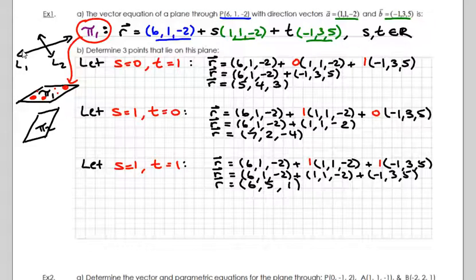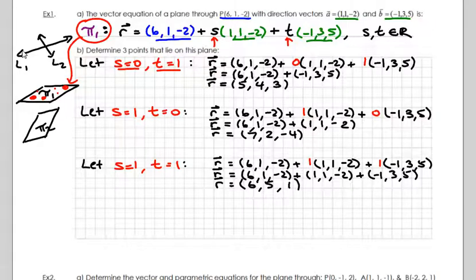All you do is decide whatever number you want to place into S and T, and that will lead you to a point on the plane. As you can imagine, there would be an infinite number of answers, so don't be annoying and pick really weird numbers like 59, or 67, or 103. Just pick nice numbers like 0 and 1. It'll make your life easier and my life easier.